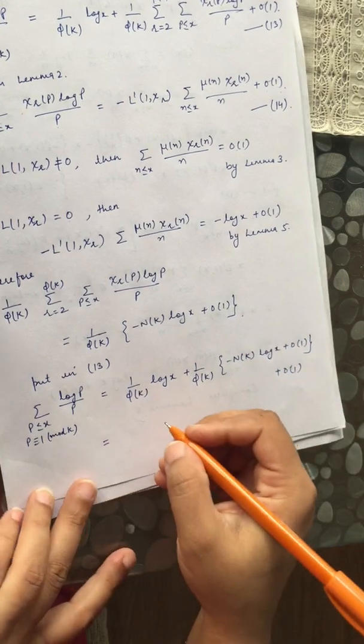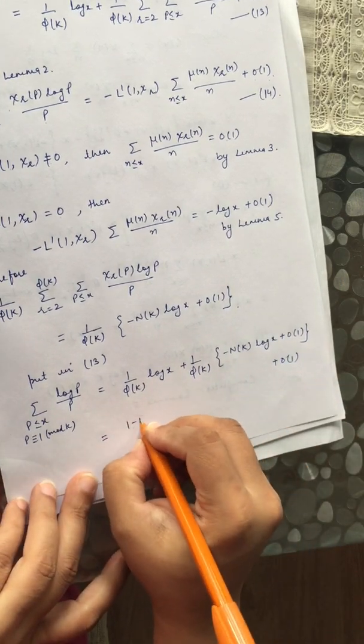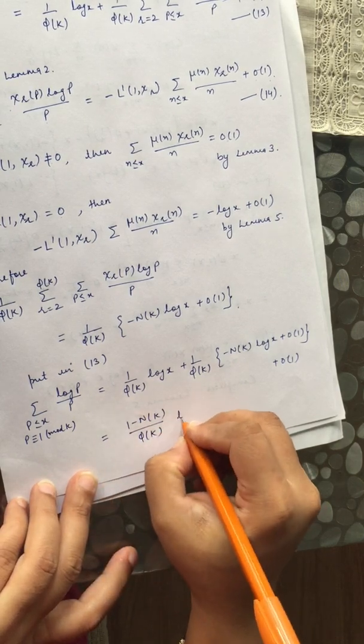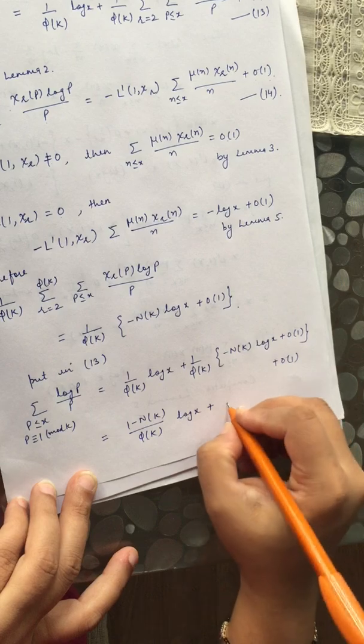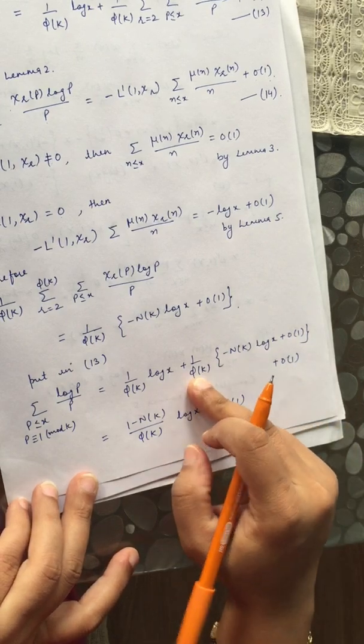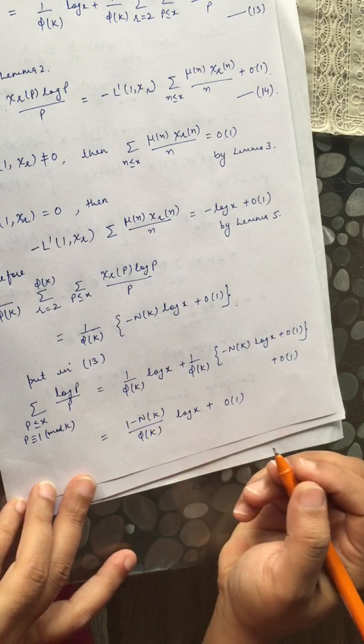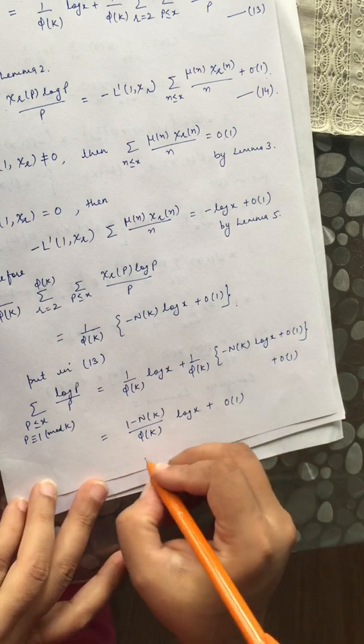So we simplify this sum, that will be 1 minus nk upon 5k log x plus order of 1, because this 5k is just a constant, so order of 1 upon 5k is order of 1. So this completes the proof of lemma 4.